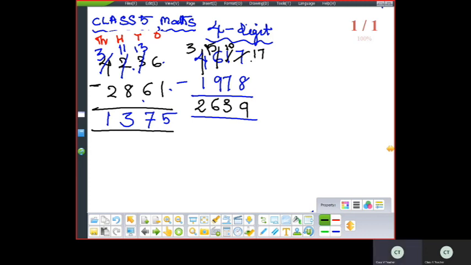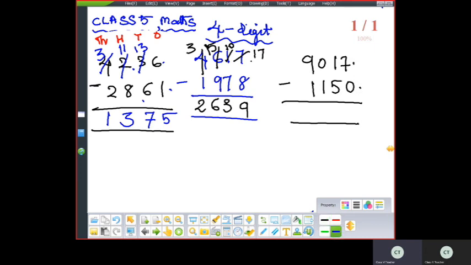Let me take one more, children. 9,017 minus, how much you practice, that much it will be easy for you. The more I do different methods and different types, the easier it will be for you, so that you will not be confused. Starting from the 1s place, 7 minus 0 is 7. Again, 1 will not go in 5, so 1 will become 11, but here it is 0.